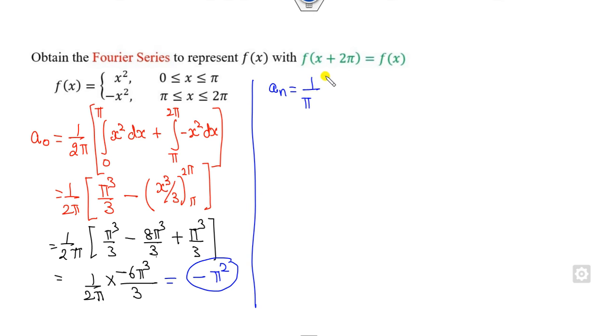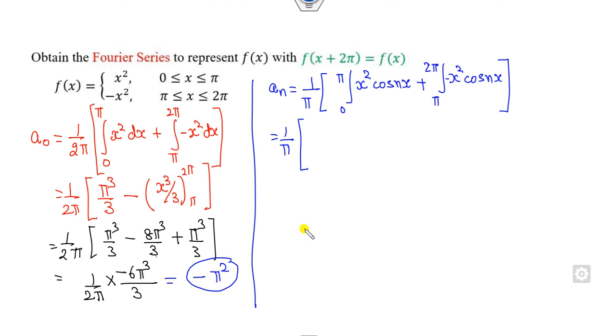An is 1 over pi. This is from 0 to pi of x square cos nx plus from pi to 2 pi of minus x square cos nx. Fine. So it is 1 over pi. What is the integration of this? So x square, 2x, 2, 0, cos nx, sin nx over n, minus cos nx over n square, minus sin nx over n square.